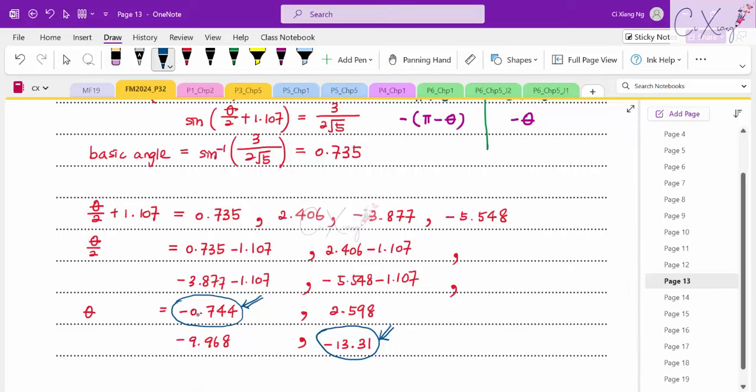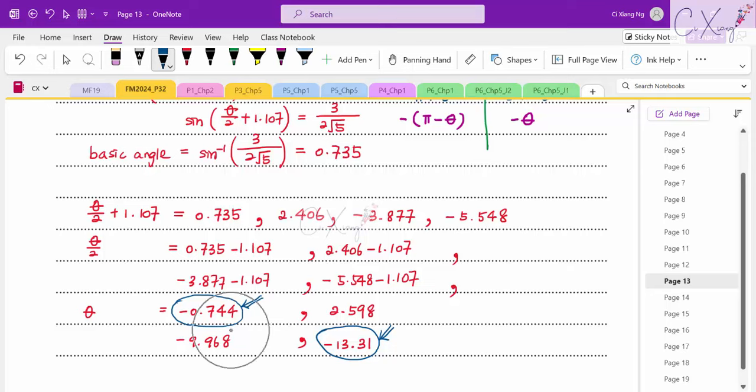This value is not accepted because by right it should be a positive angle, not a negative. Then for this one, although it is still a negative value, it's already out of the range. So for these two values, we have to do a little bit of adjustment before we can continue the calculation. So how are we going to do the adjustment?